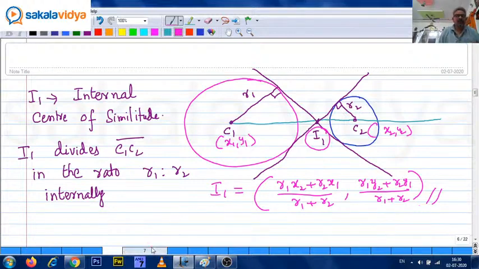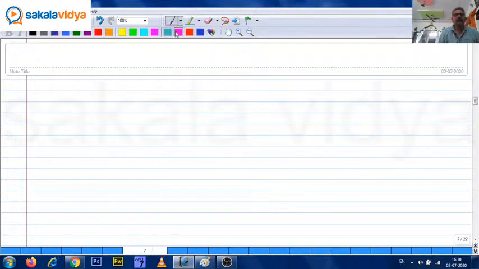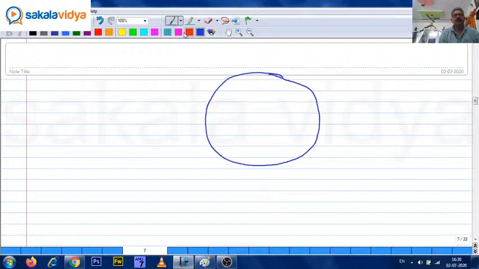And one more thing now. See, for example, this is the bigger circle. For example, this time take the smaller circle.